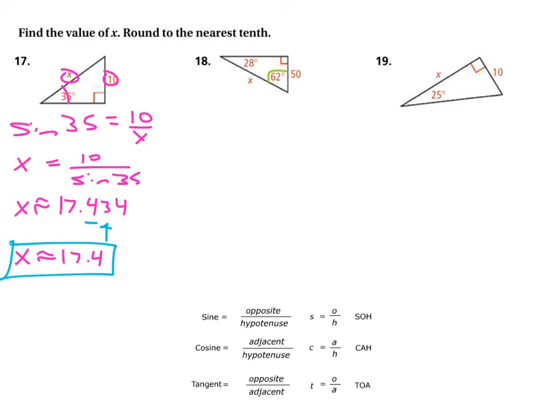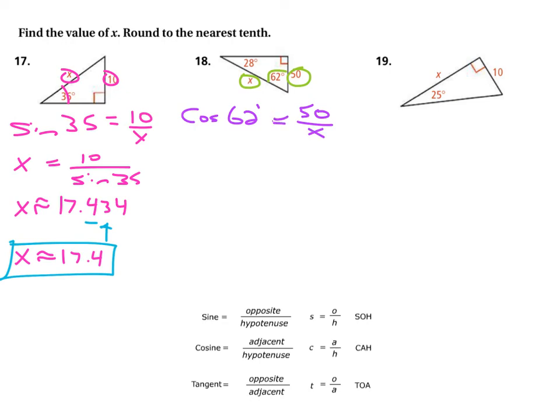Okay, let's just say we did this one, and then we have the hypotenuse and the side that's adjacent to it. So if we're doing that, then we'll be using cosine. Cosine of 62 degrees is equal to the adjacent side, 50, over the hypotenuse of x. Okay?